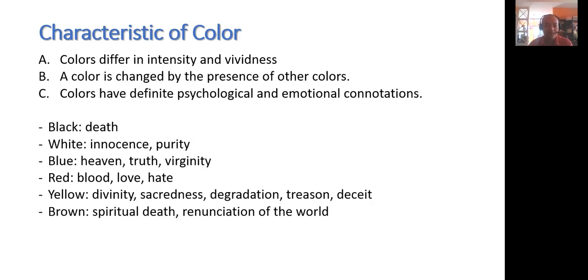Then blue would represent heaven, truth, or even virginity. I thought virginity was white. It's blue. Red, on the other hand, could always represent blood, even love, or even hate.